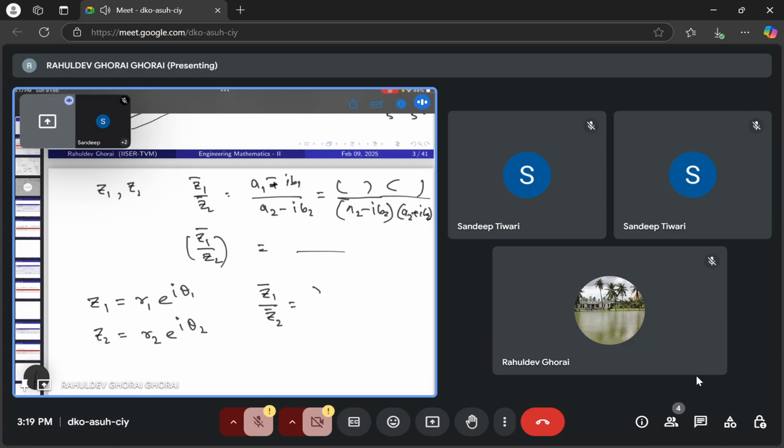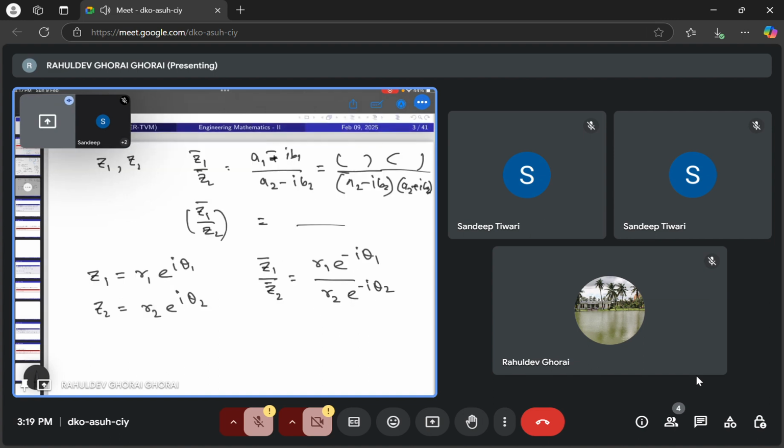That will be r1 e to the power minus i theta 1 over r2 e to the power minus i theta 2, so r1 over r2 times e to the power i theta 2 minus theta 1, right?